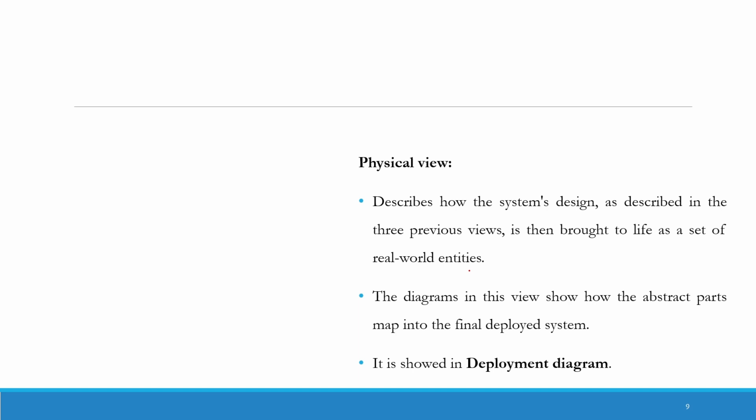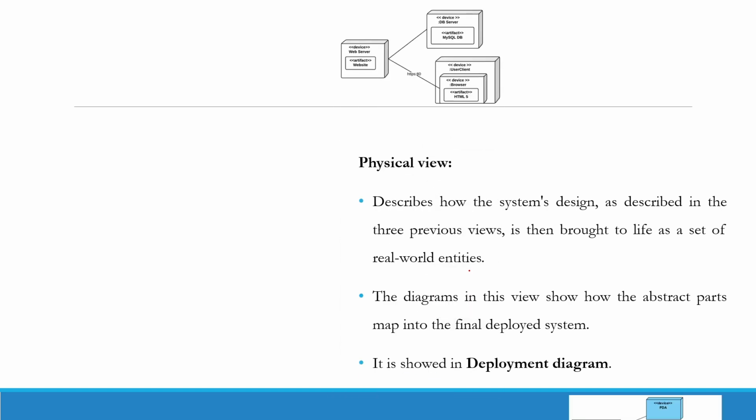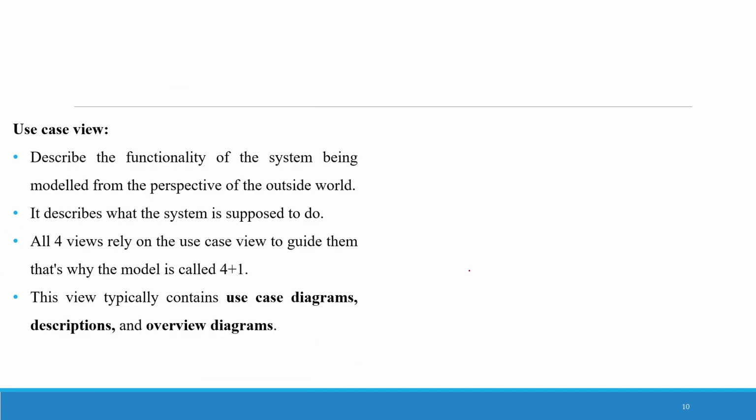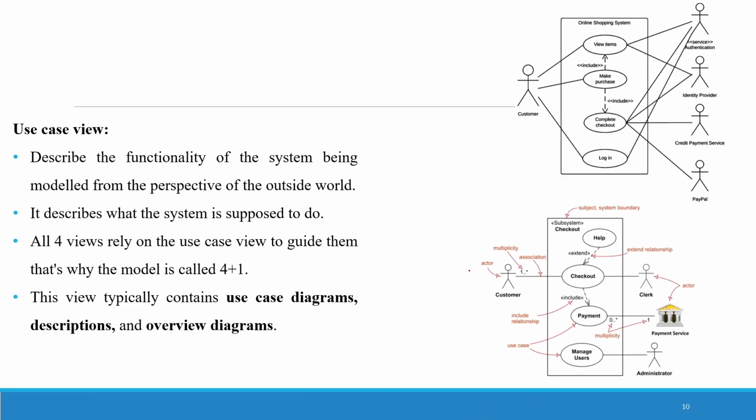That means later on the system will be deployed on a certain machine. In this view, you have to understand how the software will be deployed on the real machine. What kinds of hardware does it require? What will be the architecture of the software? What are the components to be considered during the software deployment? This is the physical view.